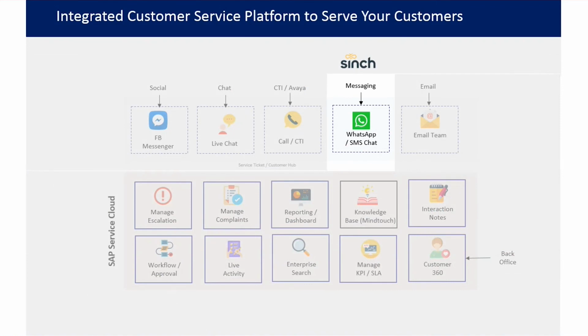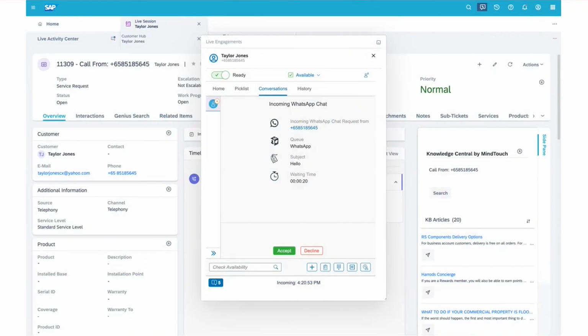The next touch point would be messaging, that is WhatsApp message or SMS chat. Similar to the other two, whenever there is an incoming WhatsApp message chat, there will be an option of accepting or declining the chat.